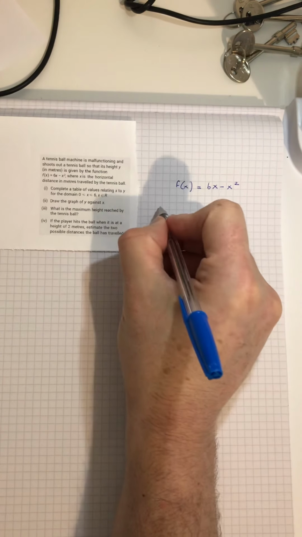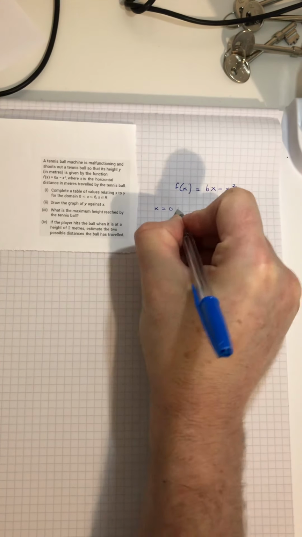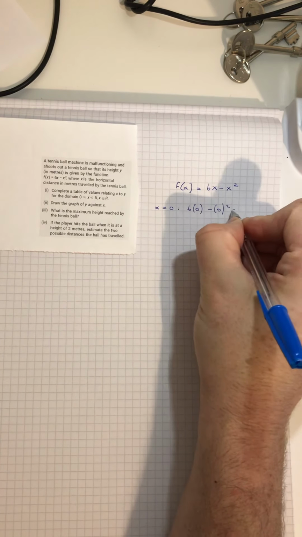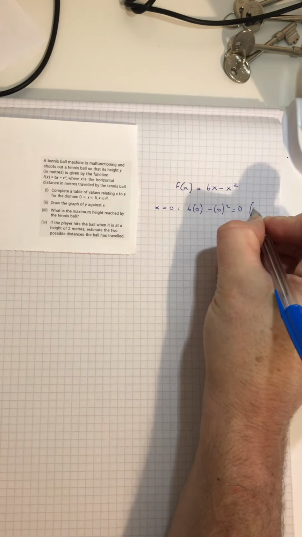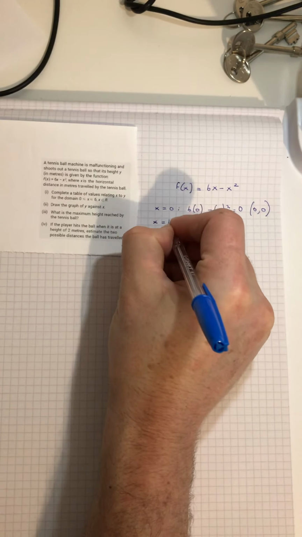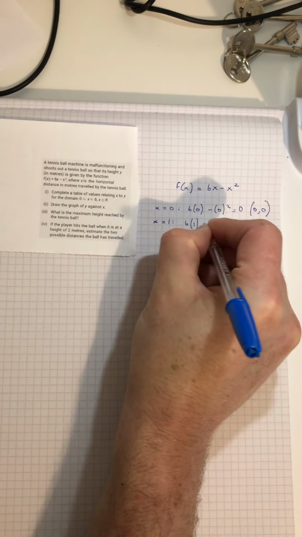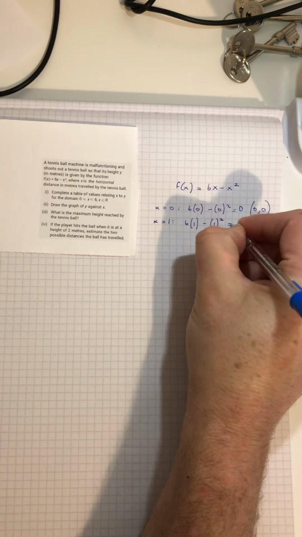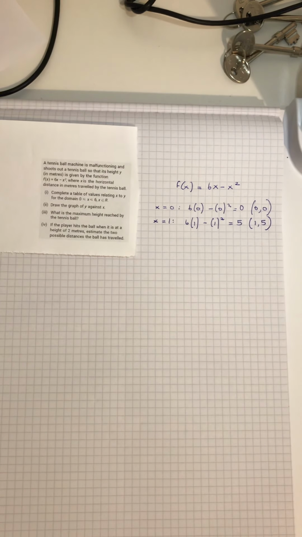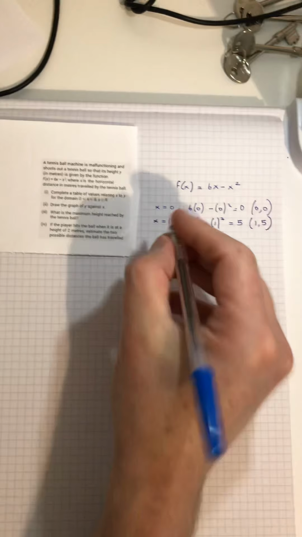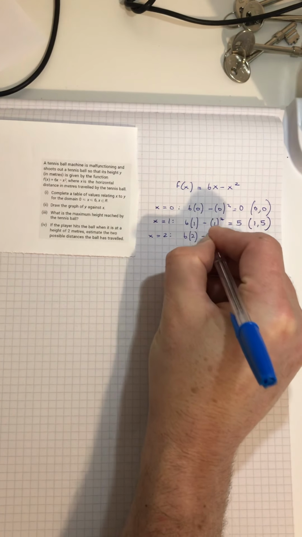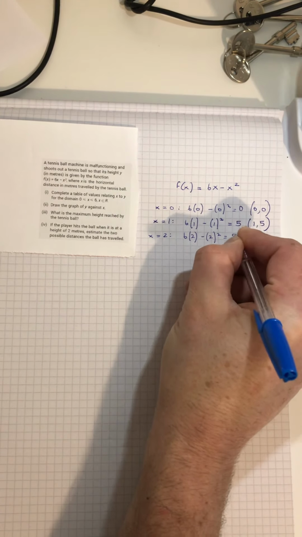Okay, so when x is 0, 6 times 0 minus 0 squared. So it's the same process, gives you 0, so 0, 0. Do the same then for x is 1, so 6 times 1 minus 1 squared gives you 5. So use your calculator to work them out, okay, nicely. When x is 2, 6 times 2 minus 2 squared gives you 8.